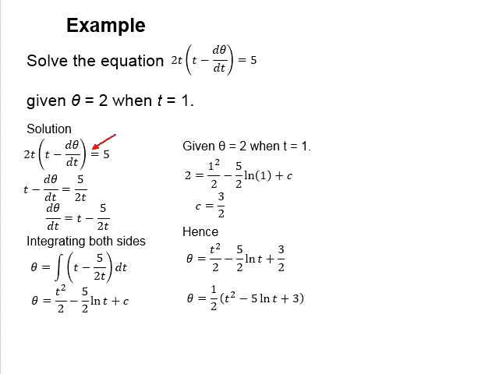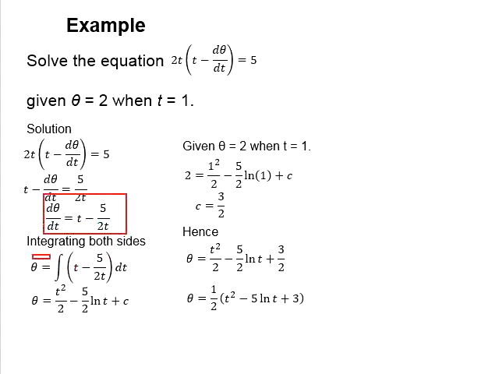With that, write down the function and rearrange it so that you have d theta/dt on one side while the others are on the other side. Move the 2t to the opposite side, which will give you 5 per 2t. Swap the positions of d theta/dt and 5 per 2t. That will give you this function.